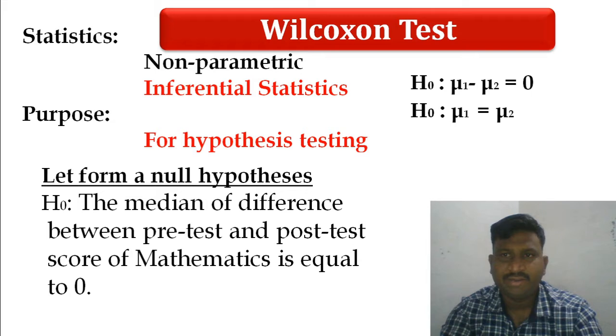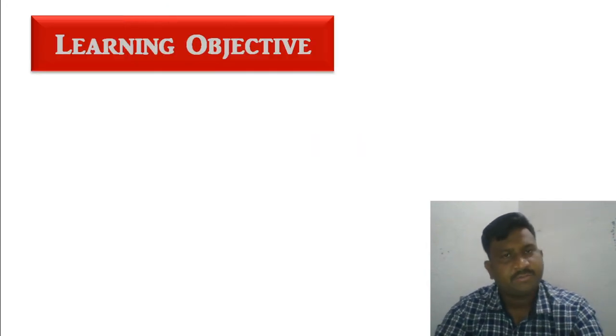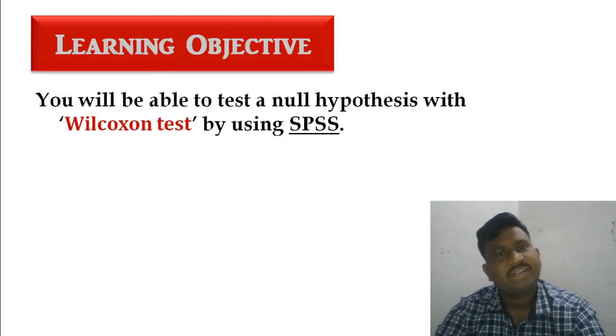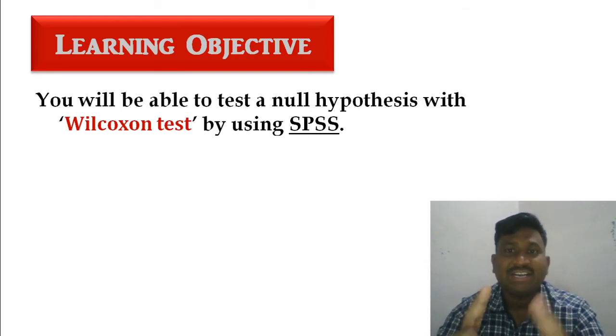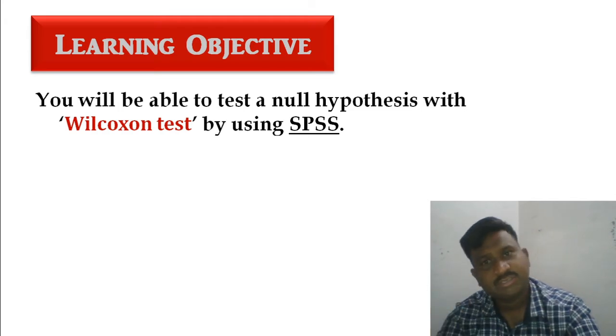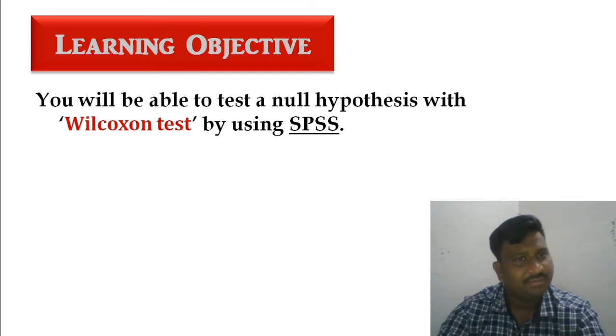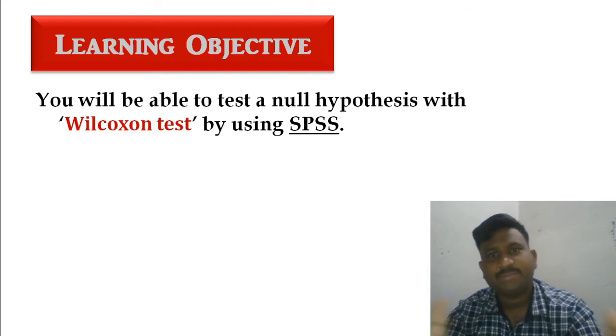Median 1 minus median 2 is equal to 0, or the medians are equal. Learning objective of this video is you will be able to test a null hypothesis using Wilcoxon test by using SPSS.